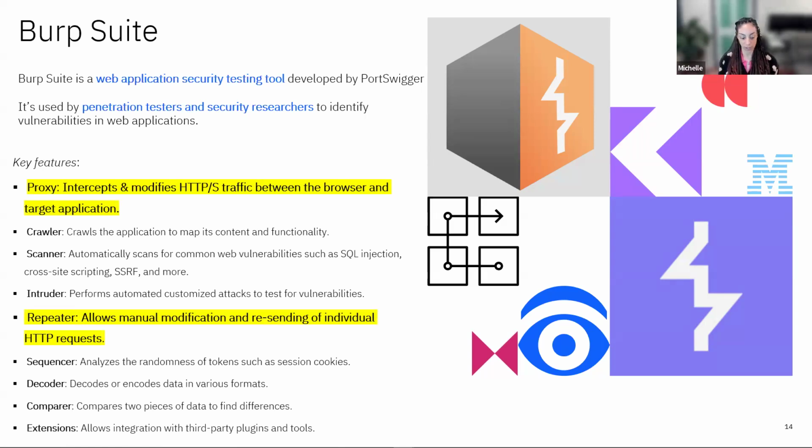And then Repeater, which allows you to manually modify and resend individual requests. It's really great. You can just grab out of proxy history and you can modify and resend, and it's really good for very granular manual testing.